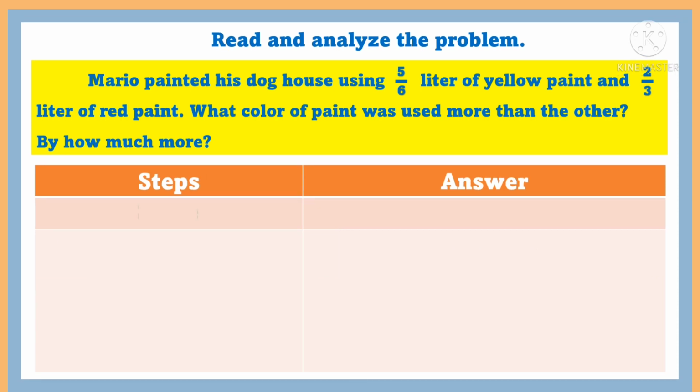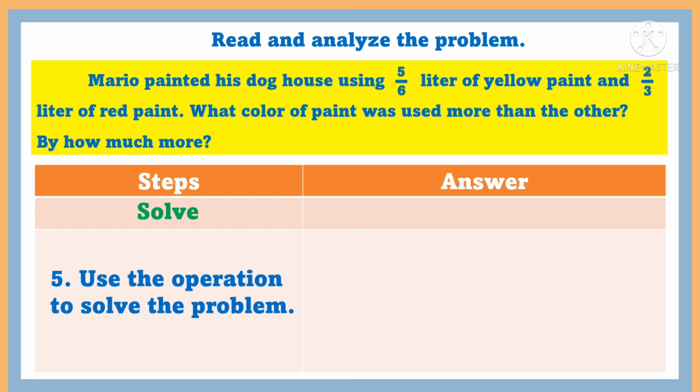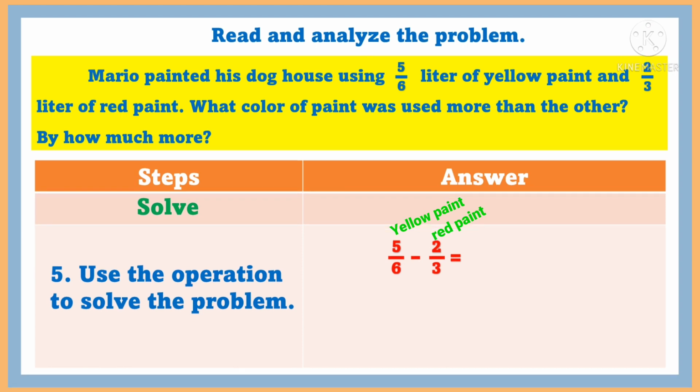Step 3 is solve. So we have to use the operation to solve the problem. Since we have to subtract the similar fractions, kailangan natin gawing similar fraction muna ito bago natin isubtract. So alamin muna natin ang LCD ng 6 and 3 by listing their multiples.